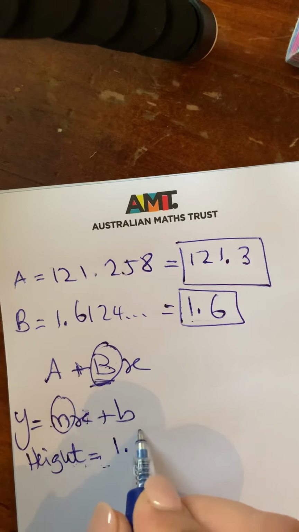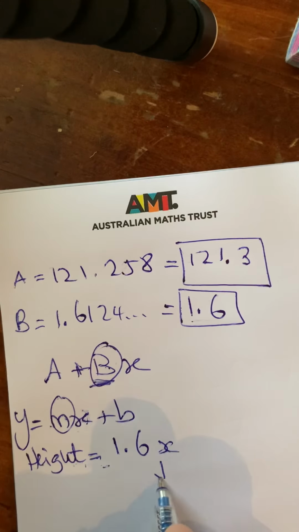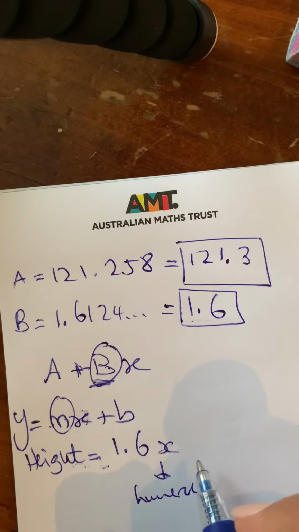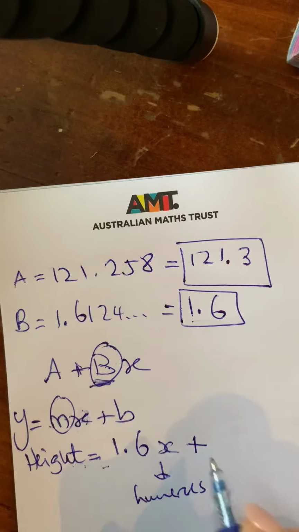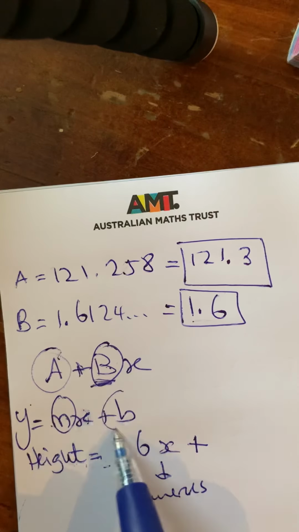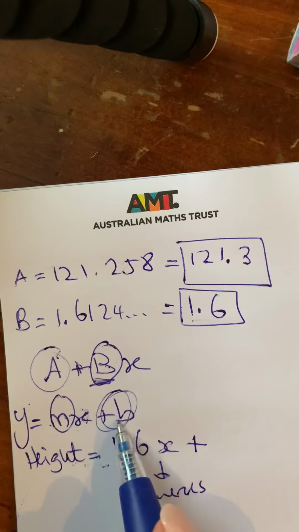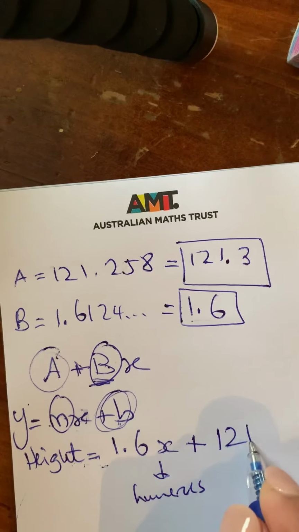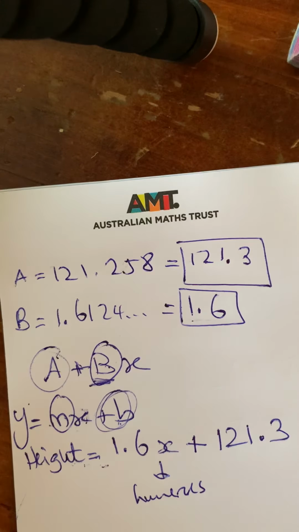So 1.6x, and that's humerus. I hope I'm spelling it right. Plus b, the number that's on its own, which is A on the calculator, but in the formula we're familiar with is lowercase b, plus 121.3. And there you go.